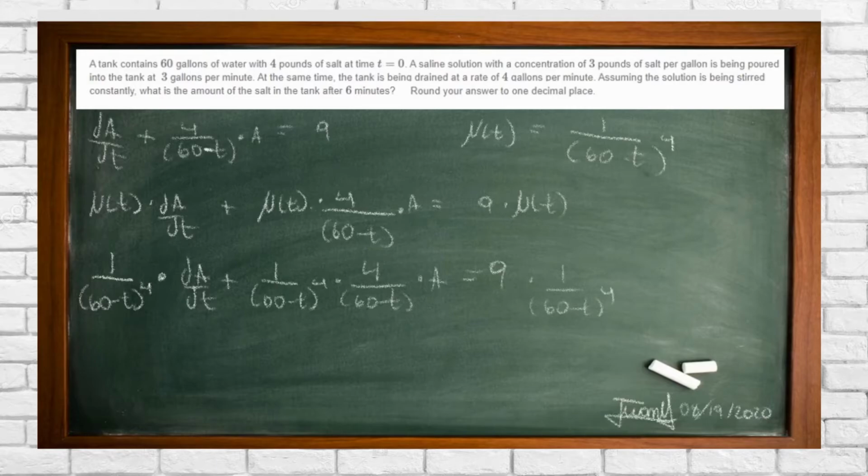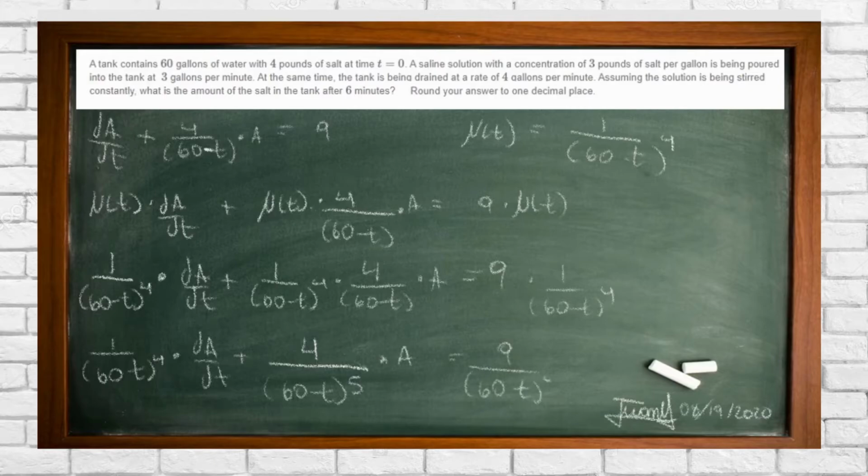So now, finishing up arranging the equation, we end up with 1 over 60 minus t to the 4th power dA/dt plus 4, since we have the same base when multiplying, we can write it as 60 minus t to the 5th power times A, which is equal to 9 over 60 minus t to the 4th power.